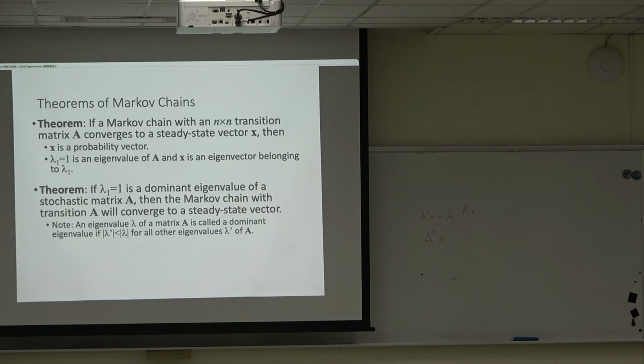If a Markov chain with an n by n transition matrix A converges to a steady state vector X, then first, X is a probability vector. No matter how you multiply it, X is always a probability vector. Second, lambda 1 equal to 1 is an eigenvalue of A, and X is an eigenvector belonging to lambda 1.